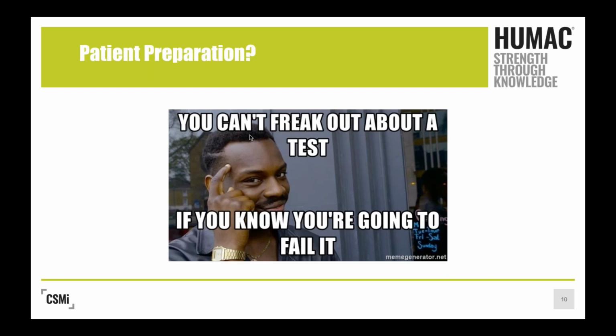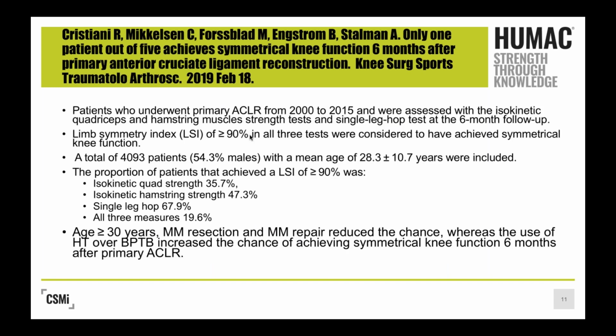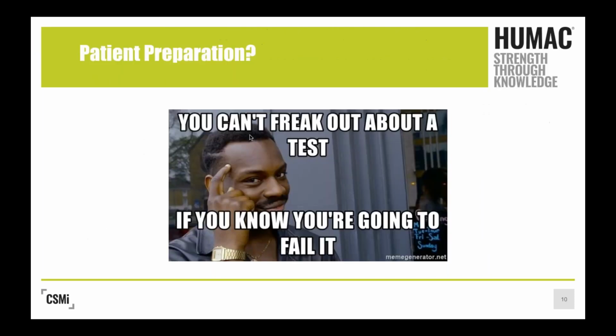So I like this poster here because if they know they're going to fail, they're not going to freak out about it. But when you tell that athlete, hey, you're not where you need to be, and you present them with that objective data, that kind of lights a fire under them and gets them to be motivated again.